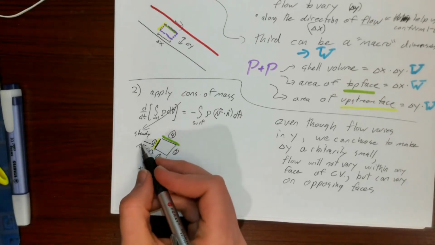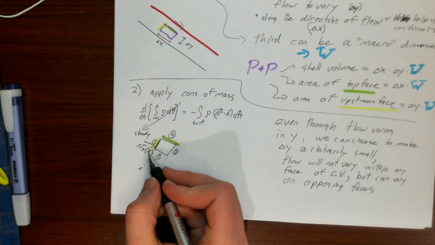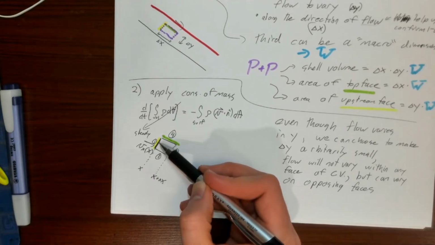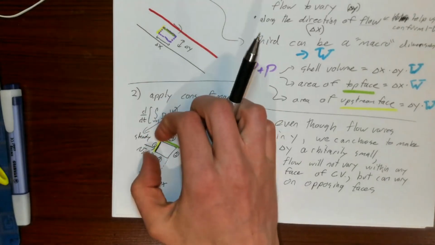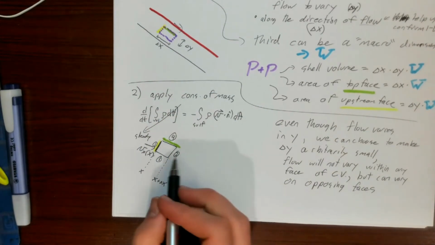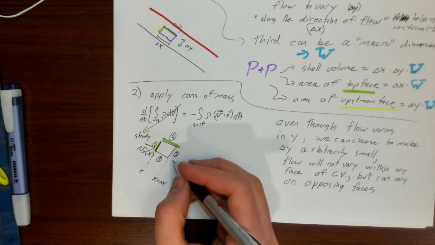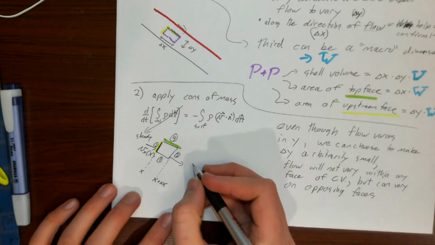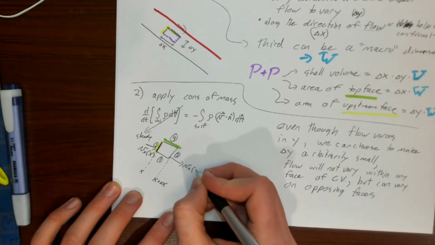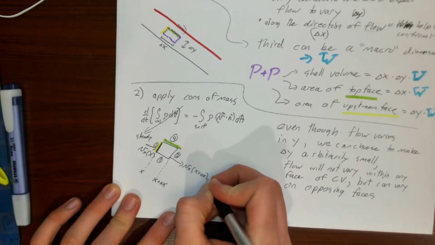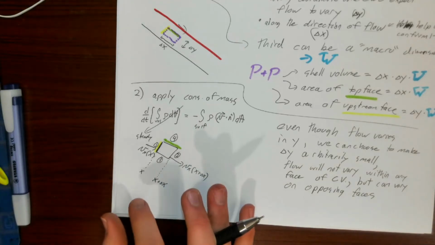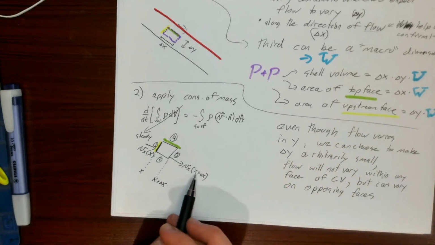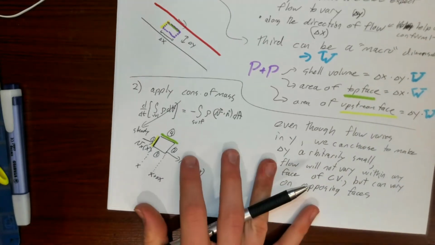So I might say I have some Vx at position x, and I'm neglecting the fact that Vx varies across face 1 because I can make this arbitrarily small. But I'm allowing for the possibility that Vx is different at x than it could be at x plus delta x. And again, I know this is a little circular. I know this leaves some potentially frustrating mathematical loopholes, but just bear with me.